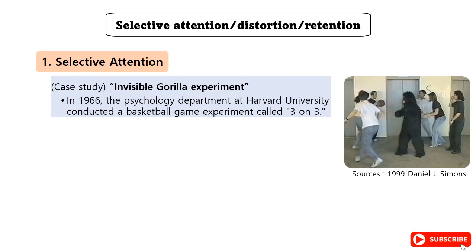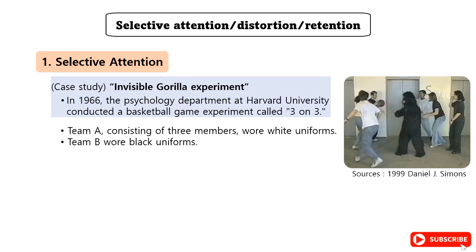In 1966, the psychology department at Harvard University conducted a 3-on-3 basketball game experiment. Team A wore white uniforms, while Team B wore black uniforms. Students who did not participate were given the task of counting the number of passes made by Team A in white uniforms.